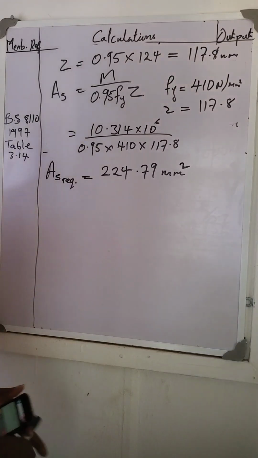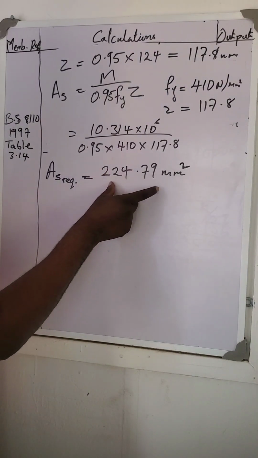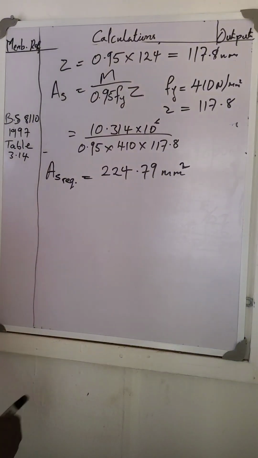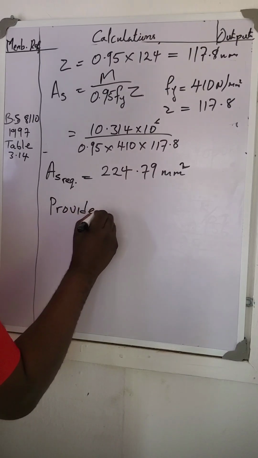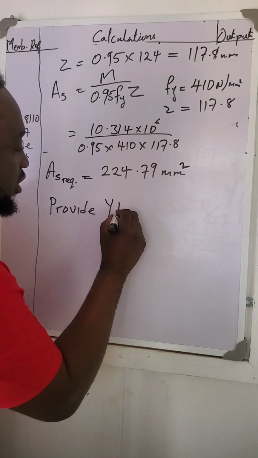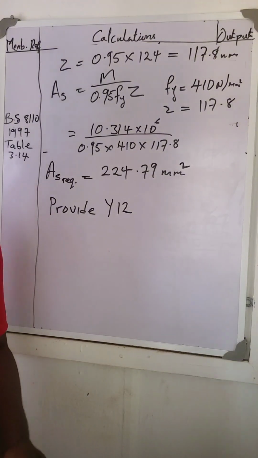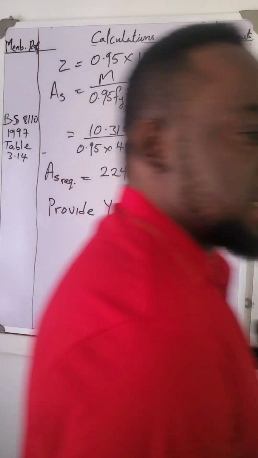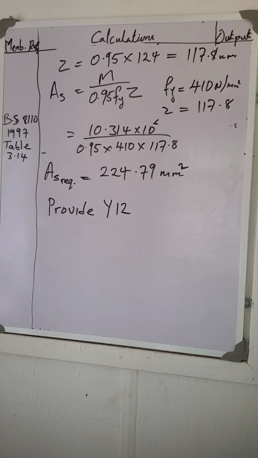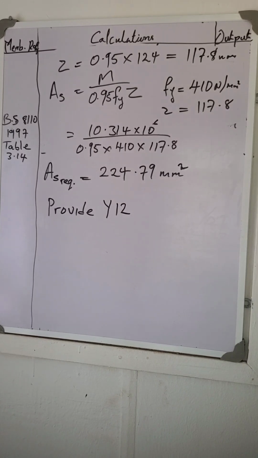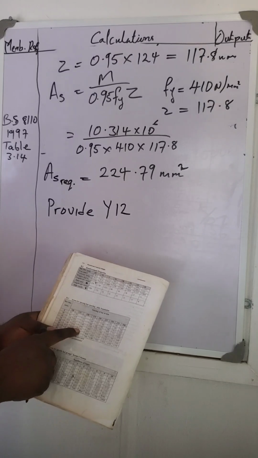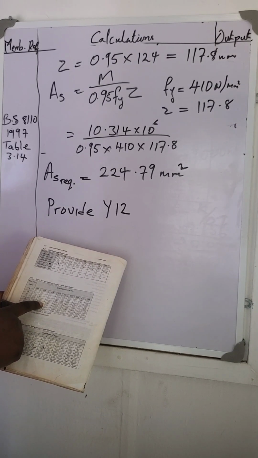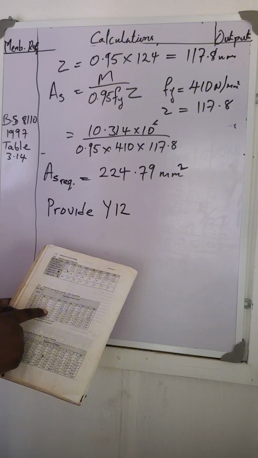You will now go to the BS code again. Having gotten the value of your area, you now provide Y12. Just a moment, please. You now provide your Y12, going to your BS code.